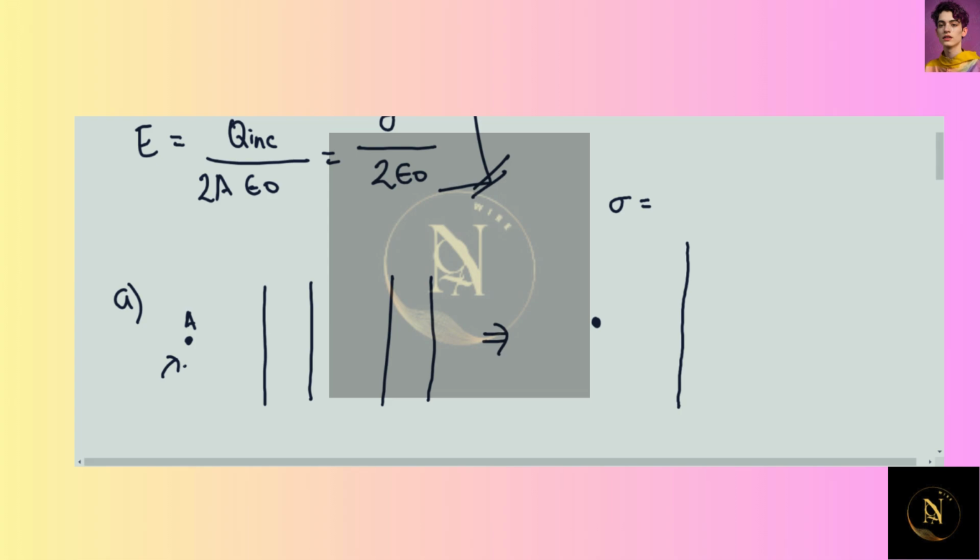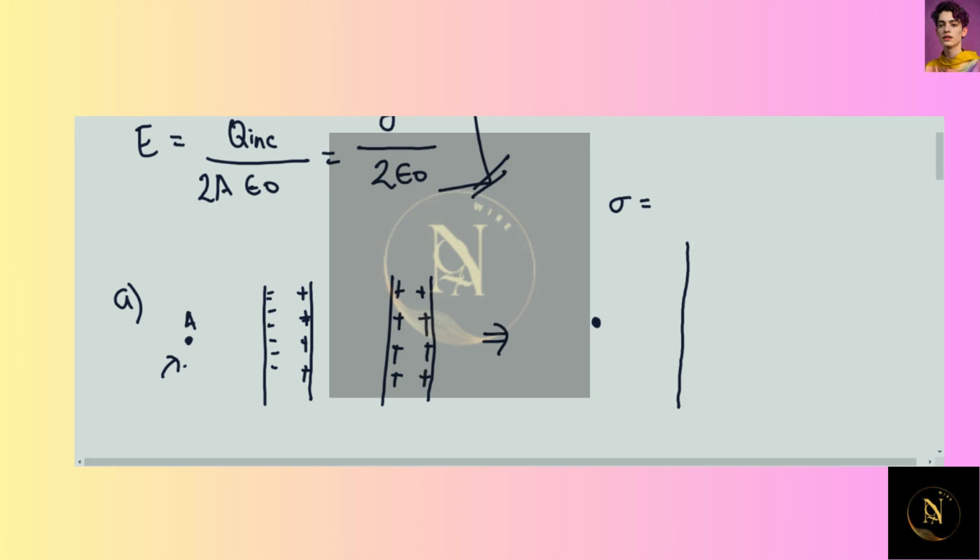Here we just need to think that this one is negative charge, this one is positive, this is also positive, and this also positive.